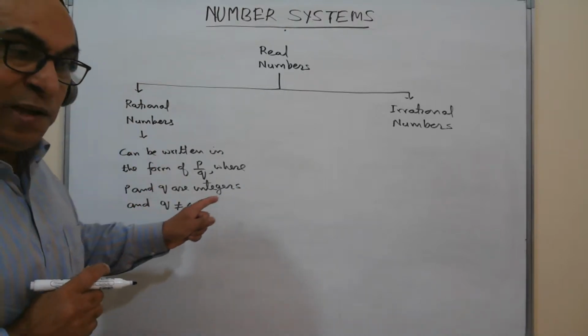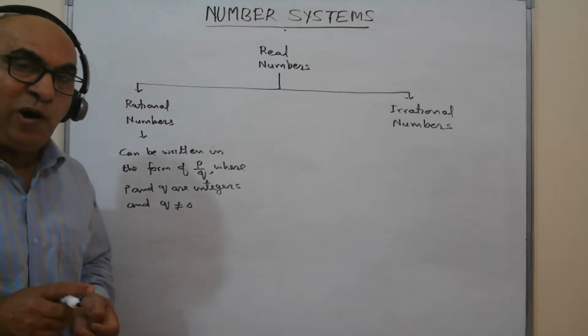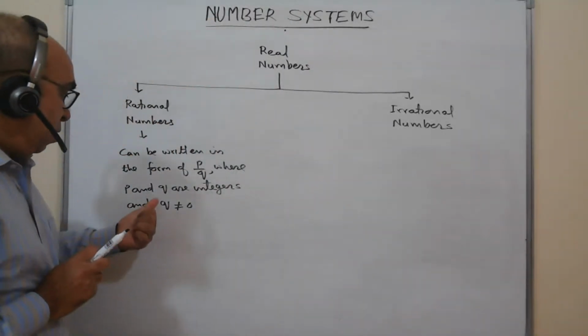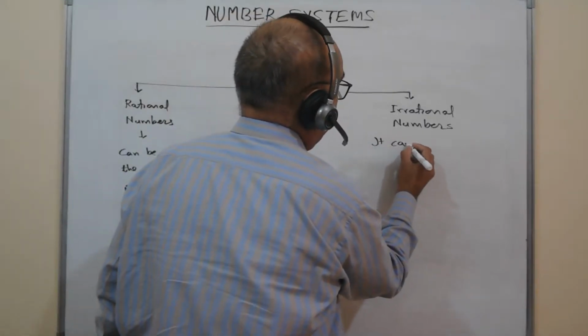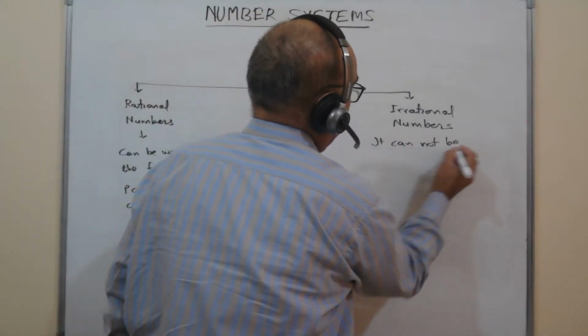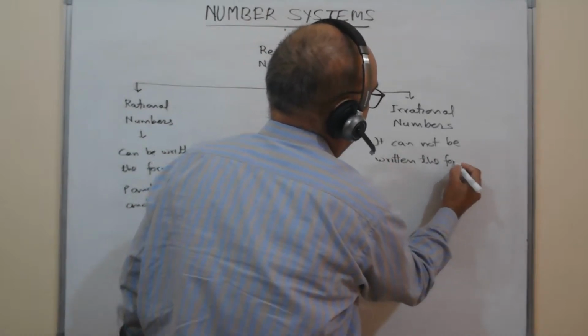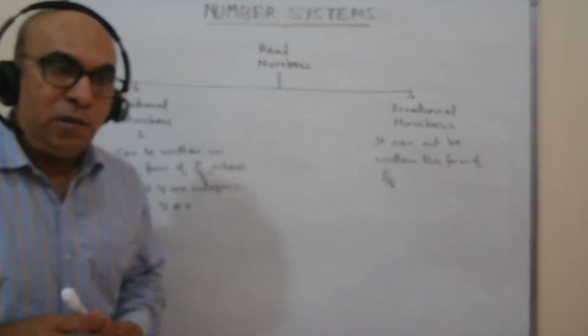So a rational number can be written in the form of P by Q, where P and Q are integers and Q should not be equal to 0, because it is a denominator. An irrational number cannot be written in the form of P by Q. So now, if you think about the numbers which can be written in the form of P by Q, that is this one.